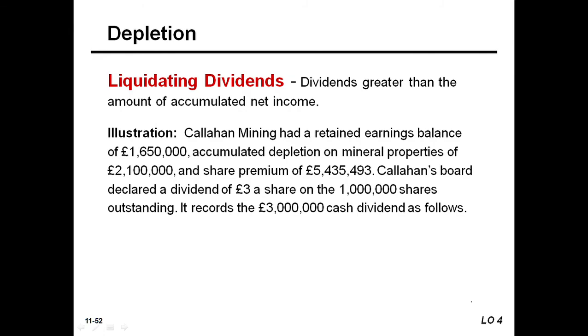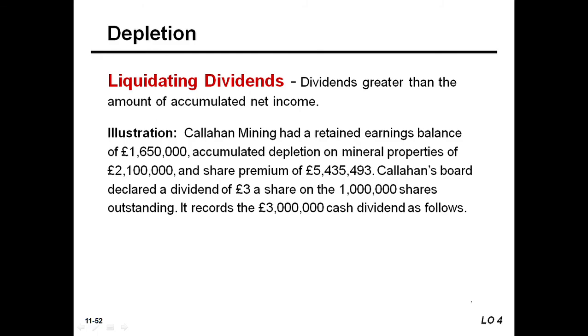Let's say Callahan Mining had a retained earnings balance of 1,650,000, accumulated depletion on mineral property of 2,100,000 pounds, and a share premium of 5,435,493 pounds. Callahan's board declared a dividend of £3 a share for the 1 million shares outstanding.